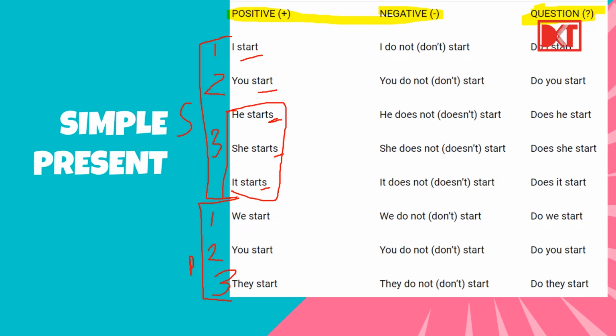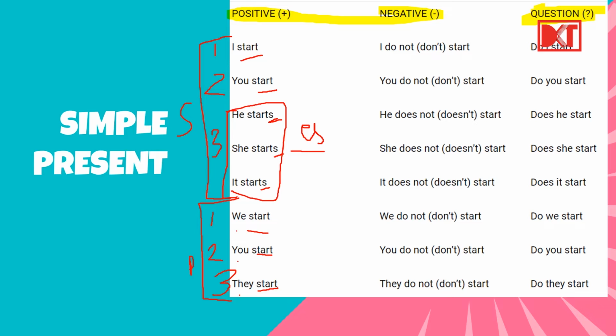Suppose if we would have used another verb like teach, then we would have used es instead of s. So es, teaches, he teaches, she teaches, it teaches. So it would have been es instead of s. So for the third singular person. Now for the plural, it remains the same, the subject and the verb. Alright, the original form. That is for the positive sentences.